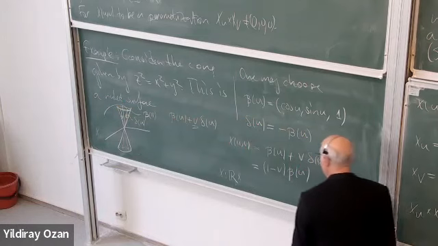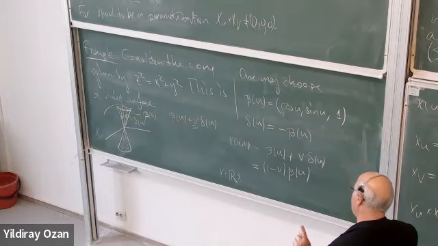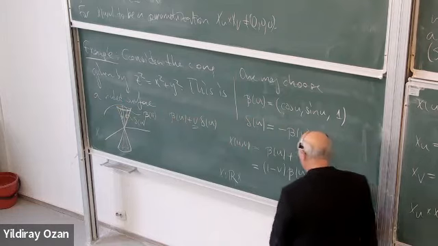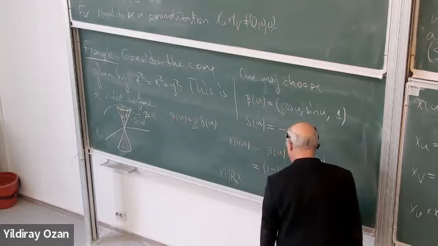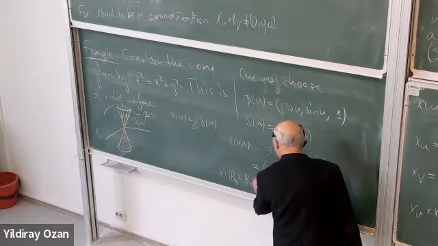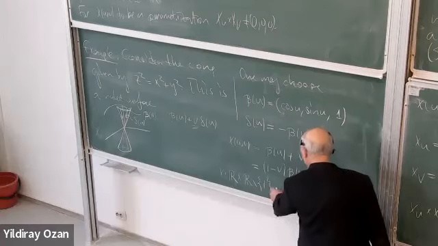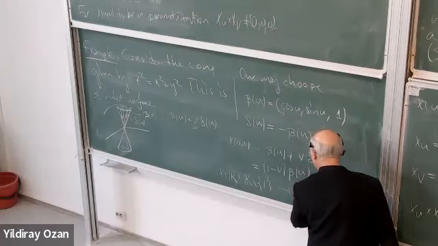You don't want v to be 1. So it is R minus 1.